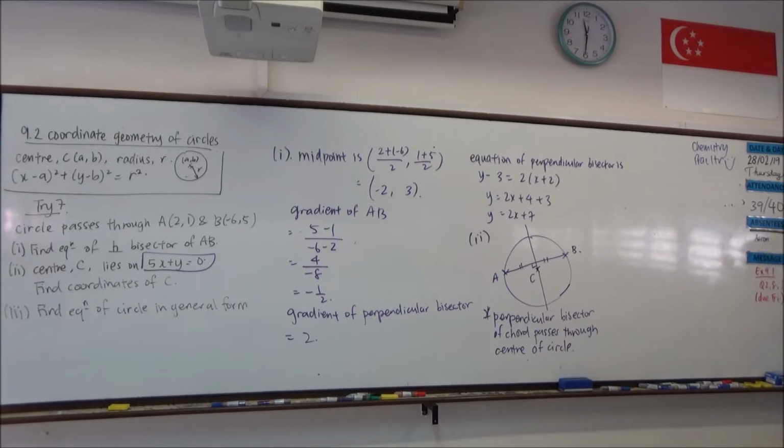It's a property that we have learned in E-maths, and it will be frequently used when we do our coordinate geometry of circles. So please make sure that you recall that.